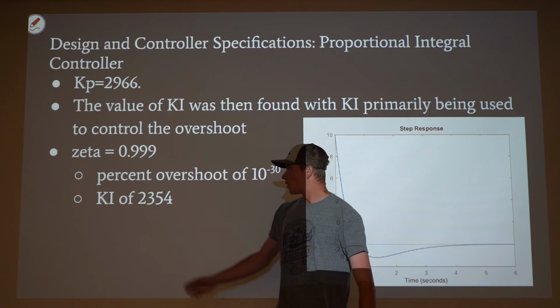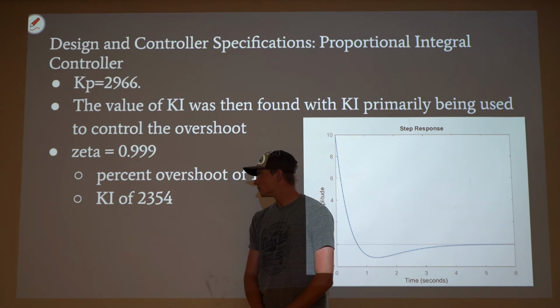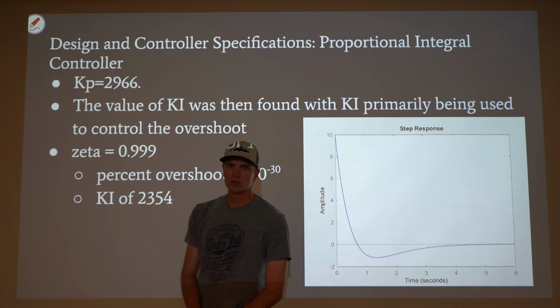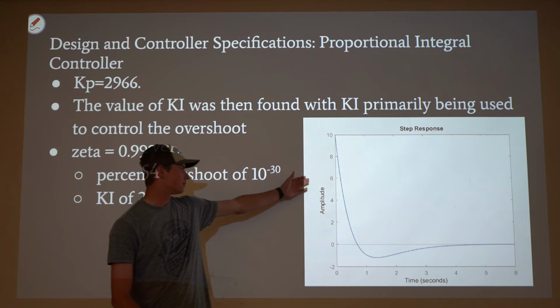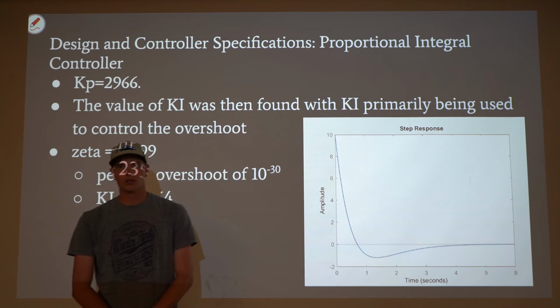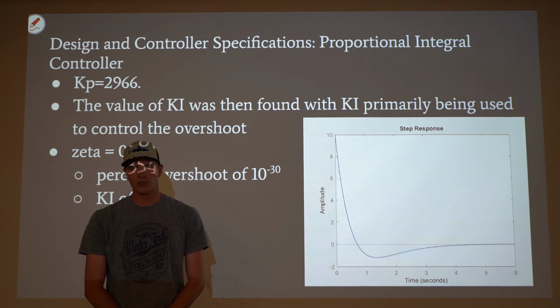If you were to solve it this way, the Ki would be 2,354. But because of this overshoot, we decided to go with a P controller as the best option.